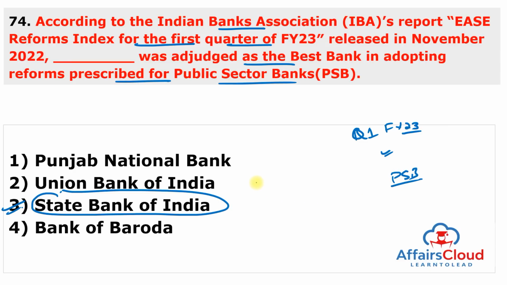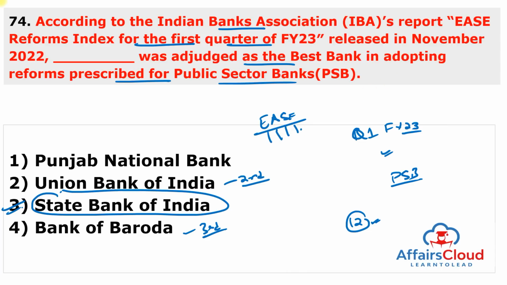And SBI is followed by the Union Bank of India. So second rank goes to Union Bank of India and third rank goes to Bank of Baroda. And SBI has topped the Ease Reforms Index and ranking of 12 public sector banks on an overall basis in June 2022 also. And what is the meaning of Ease? Ease stands for Enhanced Access and Service Excellence.